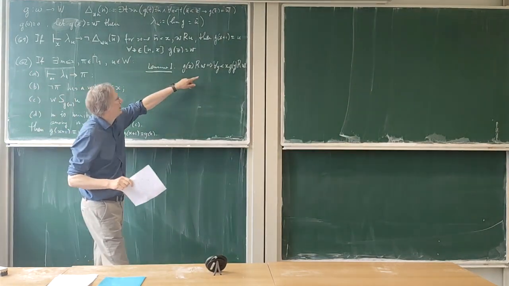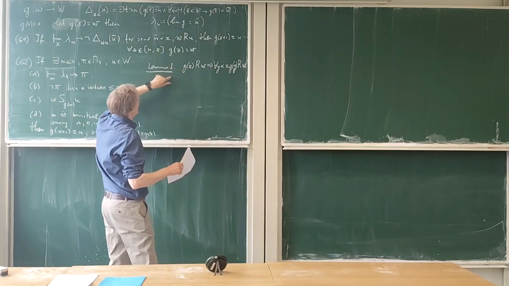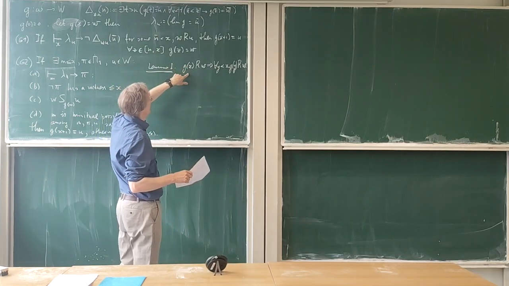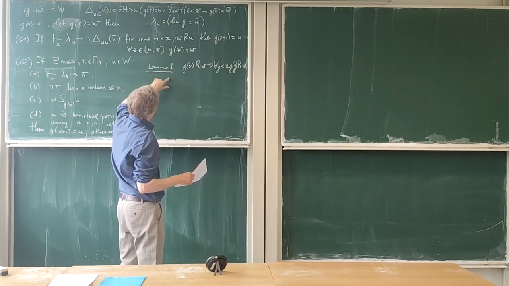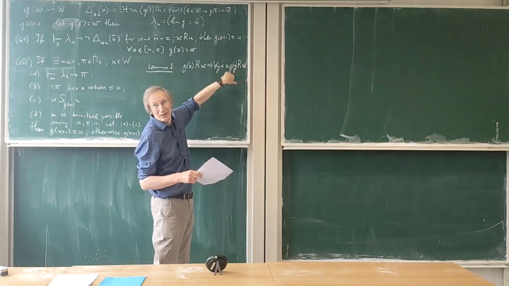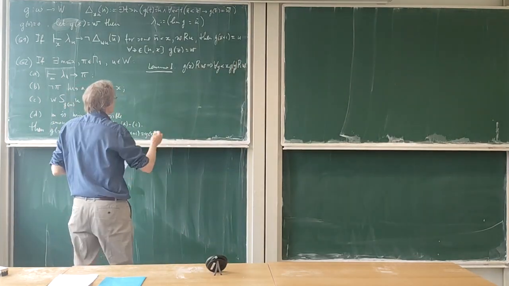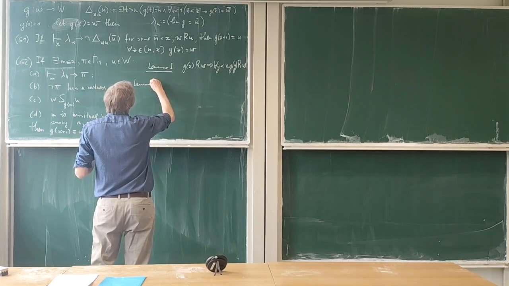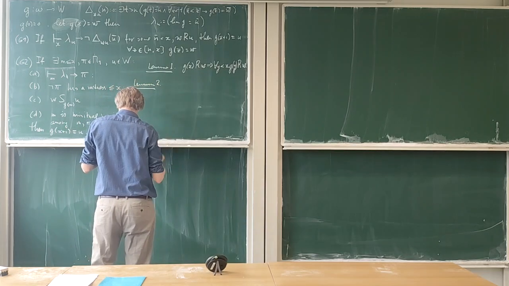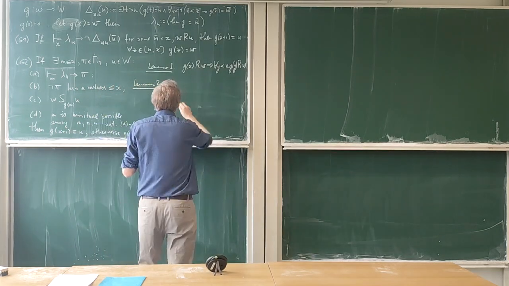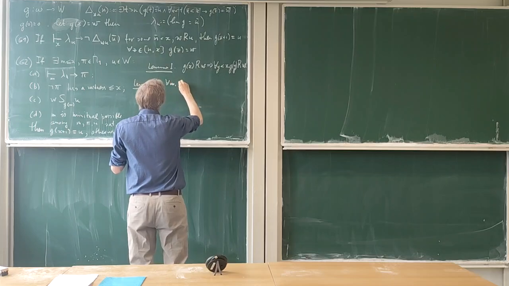If something is S of R below g of x, then it will automatically be R below w. That's by the frame conditions that we have. Lemma 2 is the following: for all n, w.